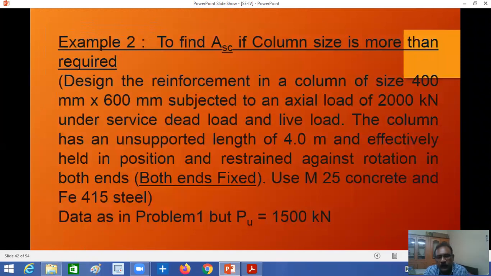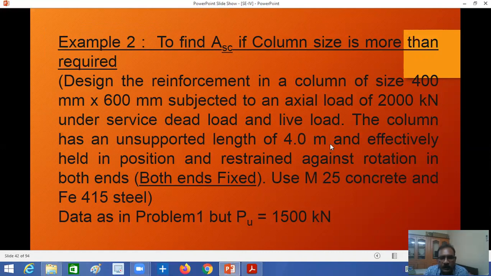In this video, I am going to explain one more problem on column size. Find the area of compressive steel reinforcement. The column size is given as 400 mm by 600 mm.